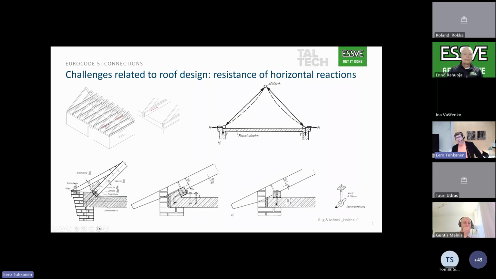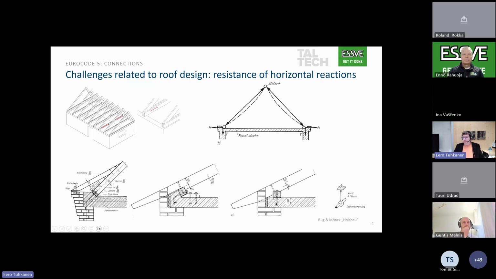The simplest way is to use the timber itself, or use the floor structure for that, or I found some old solutions in a book where you can use, let's say, a concrete floor with a special shape to take the horizontal forces as well, in addition to the vertical ones.